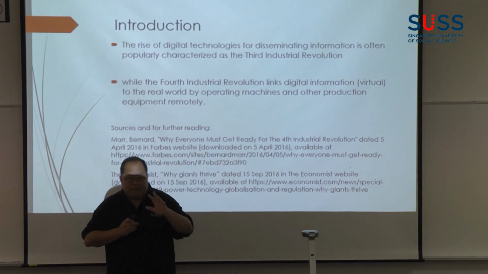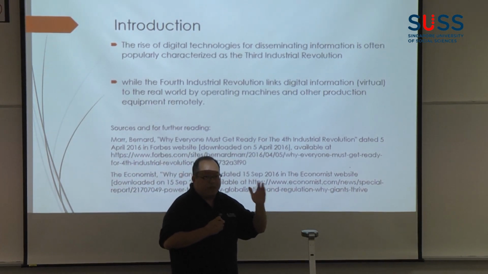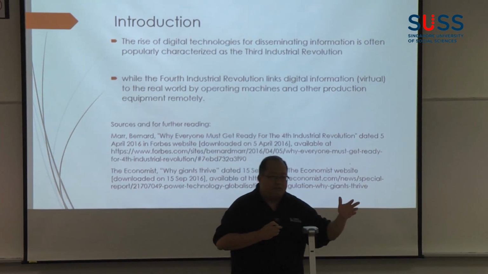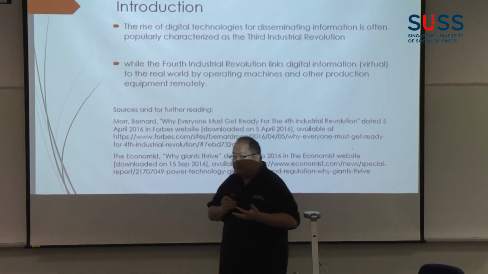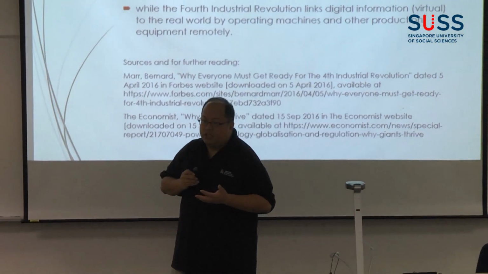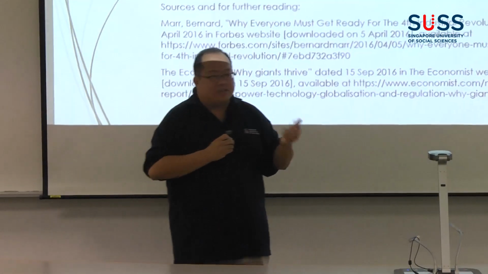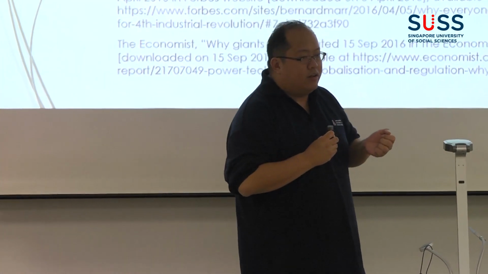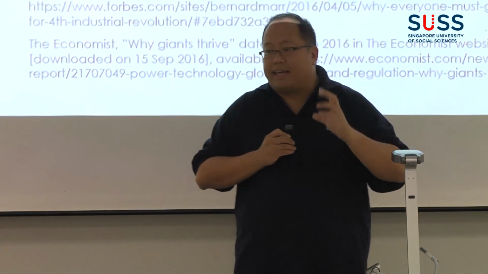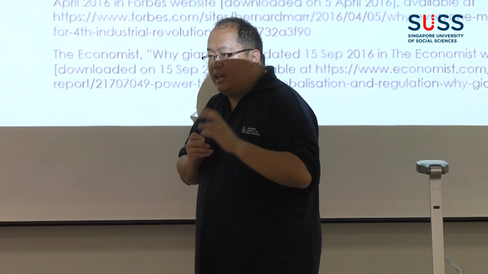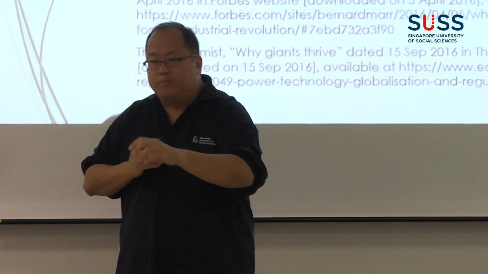Now, earlier versions of Industrial Revolution, 1, 2, and 3. Industrial Revolution version 1 is characterized by steam engines, invented by the British, the rise of mass production, and also Taylorism, the ability to get mechanical machines and engines to work for you.